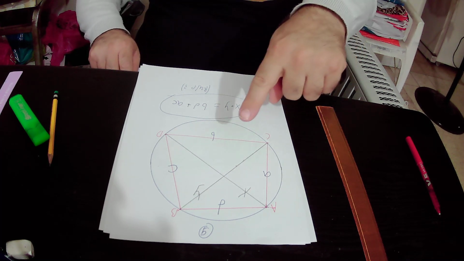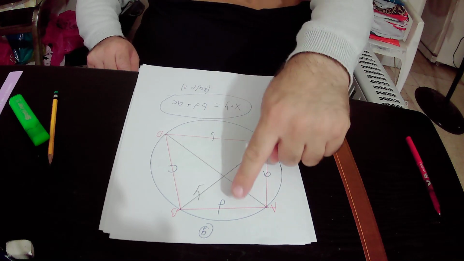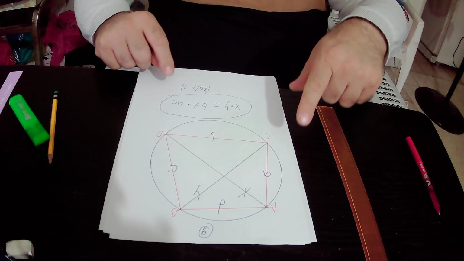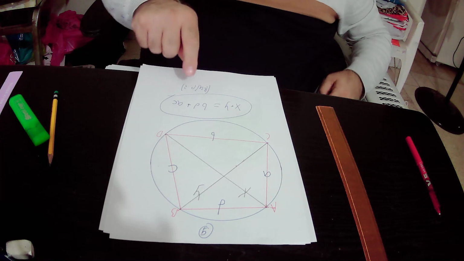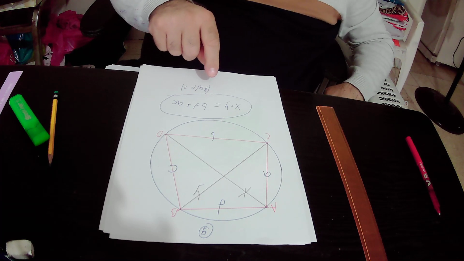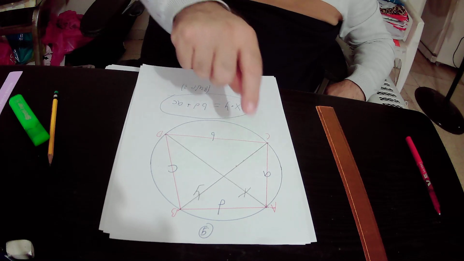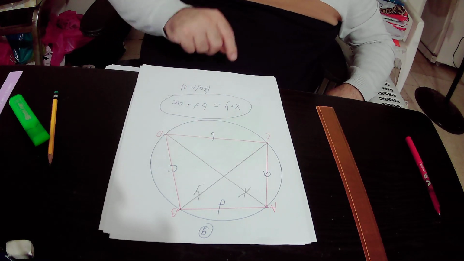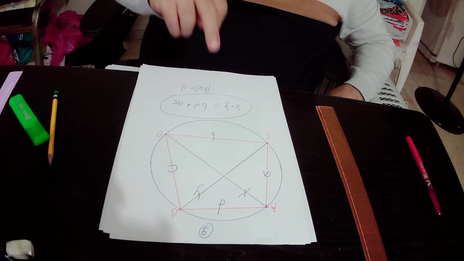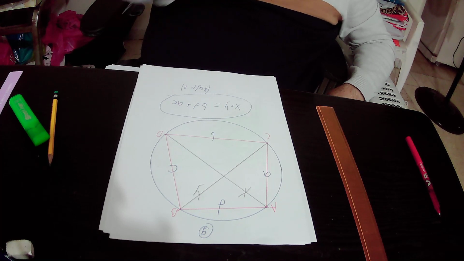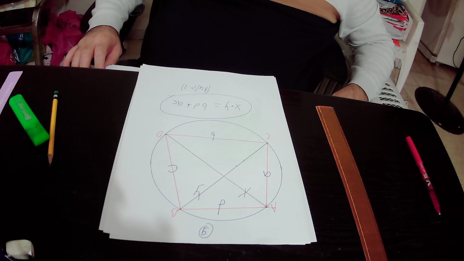The first product of its opposite sides is B times D. The second product of its opposite sides is A times C, and the sum of the products of its opposite sides is BD plus AC, and that sum equals the product of its diagonals, X times Y. So that is rule number 3, and we will actually implement rule number 3 in our drawing.